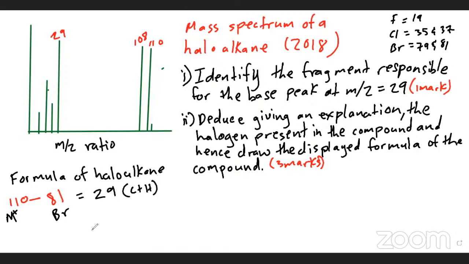By now we know that once it's 29, it is C2H5, and that means your haloalkane is bromoethane. So we know that our fragment is 29. Now, part 2 said to deduce, giving an explanation, the halogen present in the compound, and hence draw the displayed formula of the compound.